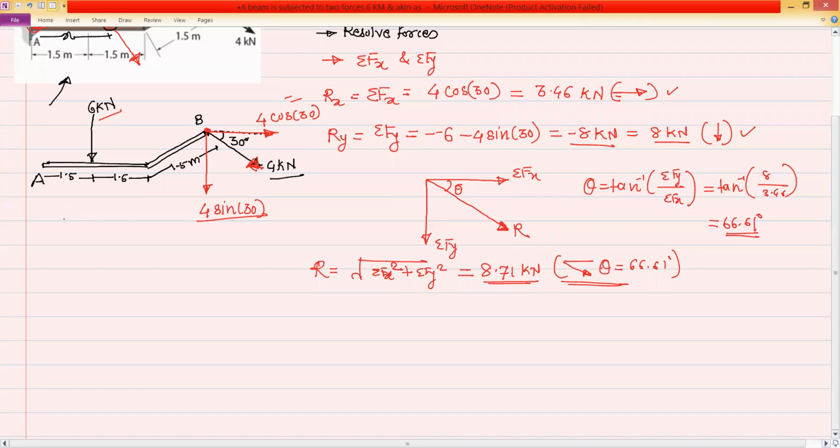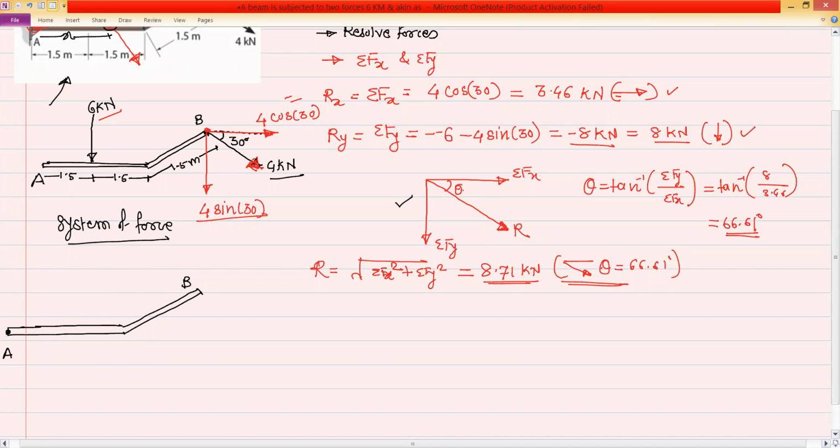So this is the force system, or you can say it is a system of forces. Now we have to draw the resultant system. So for the resultant system, this is the original beam. This is point A, this is point B. We know the direction of the resultant.